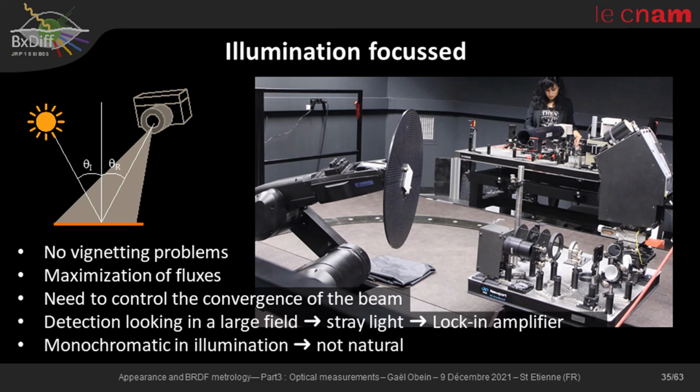So all the part that is not illuminated must be black, otherwise it's stray light. And this is a very, very big problem. The only way to deal with this is to use a lock-in amplifier. And the lock-in amplifier is not very easy to use, but then it works.